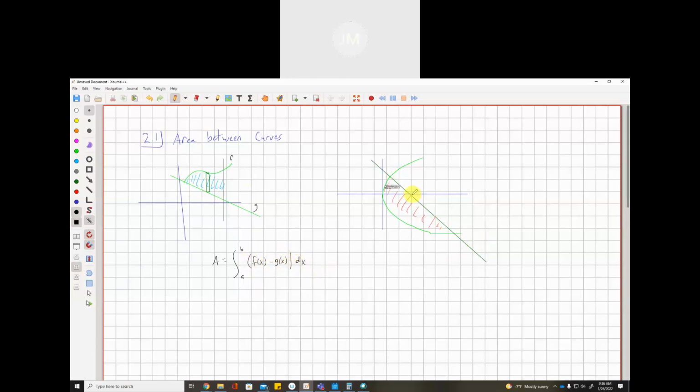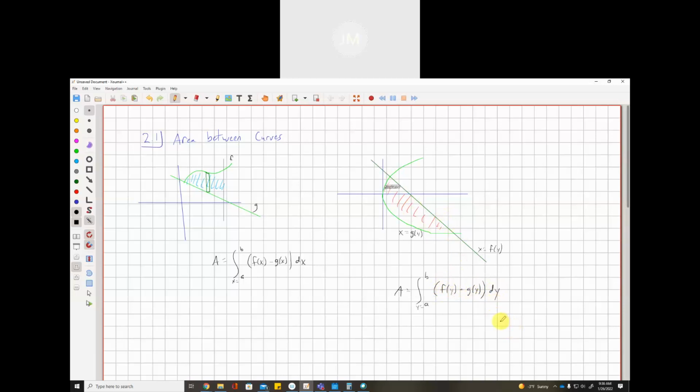For the second one, if I think of this as x equals a function of y, and this one on the left as x being a different function of y, then my integral is still between some limits of integration, except instead of x values, these are going to be y values. And instead of the top minus the bottom, I'm going to integrate the right function minus the left function.